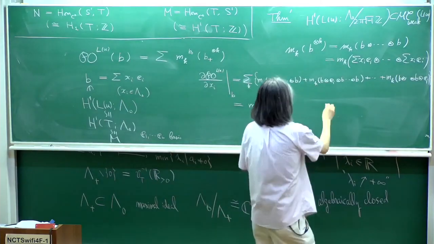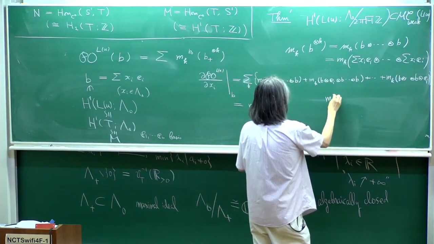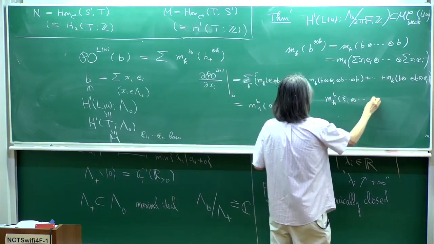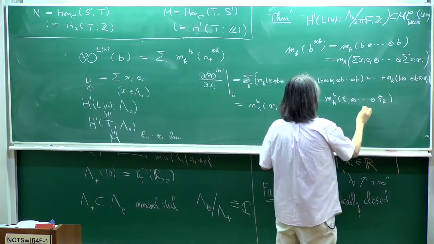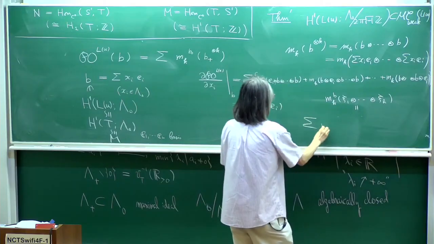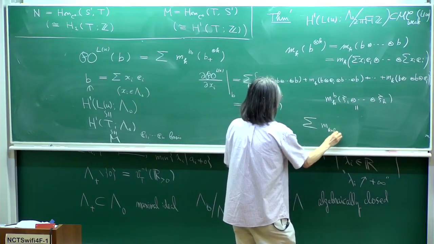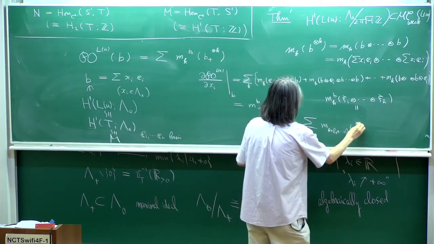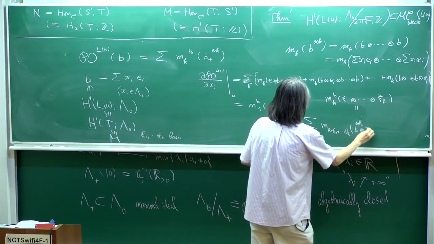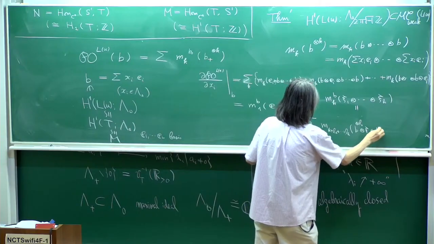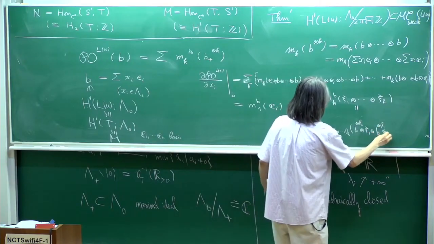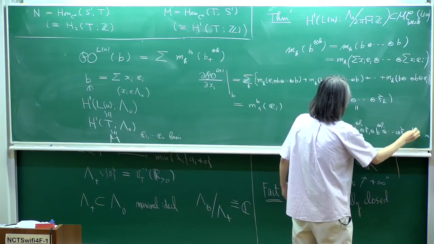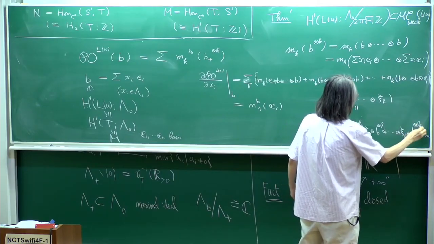And I already erased what I wrote, m_k^b of x_i1 through x_ik, which is actually the whole sum of m_k with l_0 many b, then x_i1 and l_1 many b and so on, and x_ik, and then l_k many of this, right?